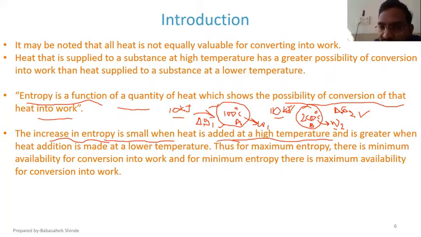Means delta S2 is the increase in entropy when heat is added at 200 degrees Celsius, and delta S1 is the change in entropy when heat is added at 100 degrees Celsius. So which delta S is going to be greater, delta S1 or delta S2? From this statement, the increase in entropy is small when heat is added at high temperature. Which one will be more?